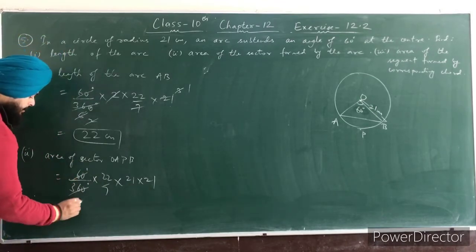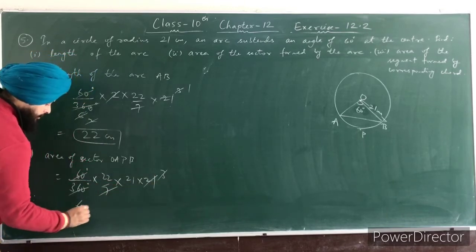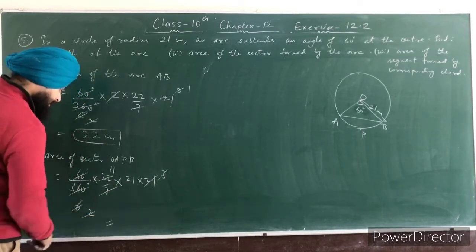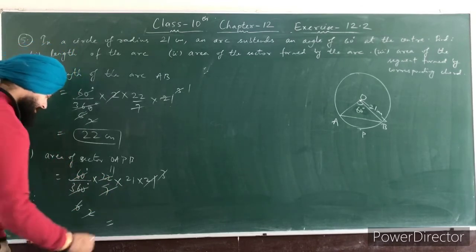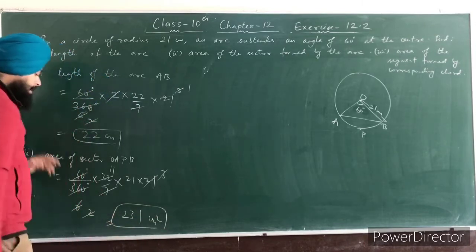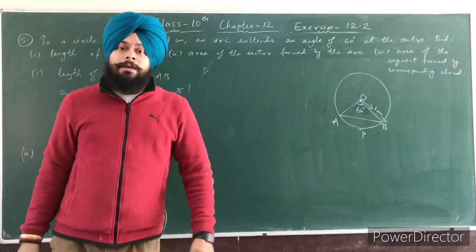Now this cancels: 6, 7 3s are 21, 3 2s are 6, 2 11s are 22. So what is left here? 21 into 11, it is 231. So 231 centimeters square is the area of the corresponding sector OAPB.